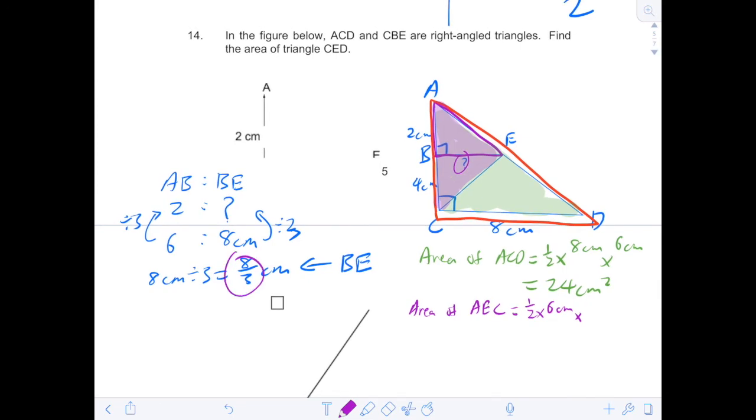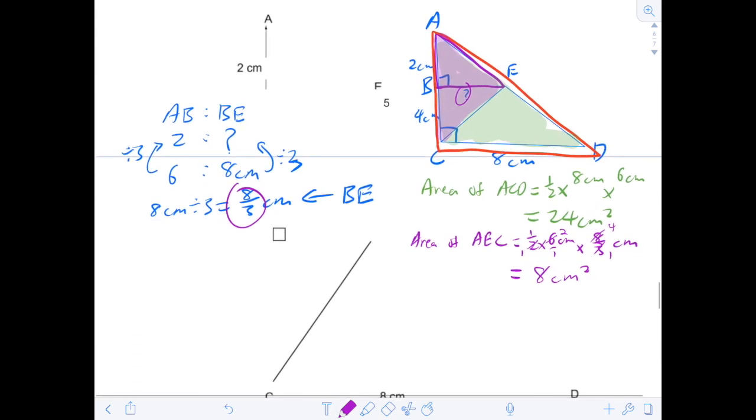We have just now already found out there's 8 over 3 cm. This is over 1. So from here, by cancelling out the 6 and the 3, cancelling out the 8 and 2, you get 2 times 4, which is 8 square cm.